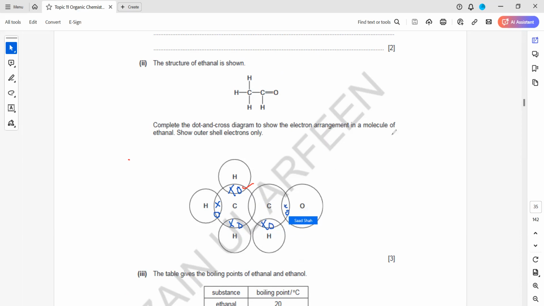But if three elements are there, you can use dot, cross, and circle. The idea is that if one is using dot, another one should be cross. For example, two lone pairs should be there on oxygen.